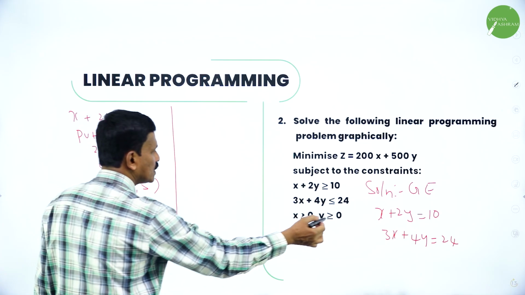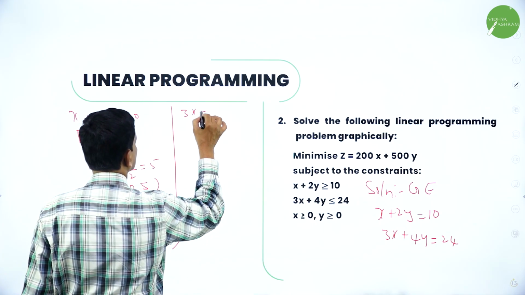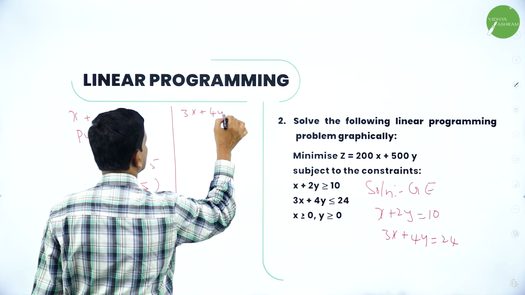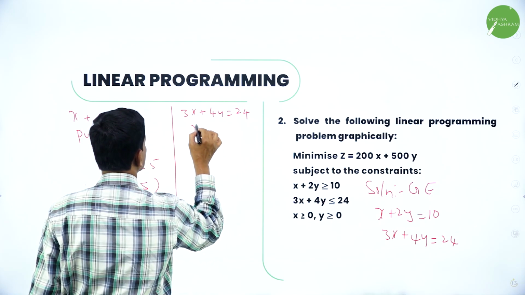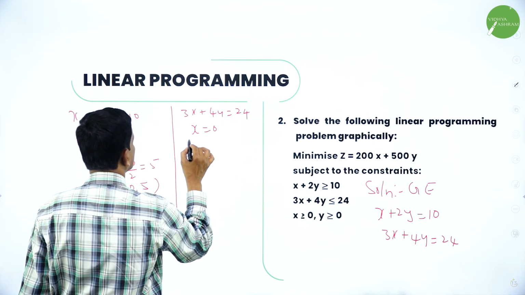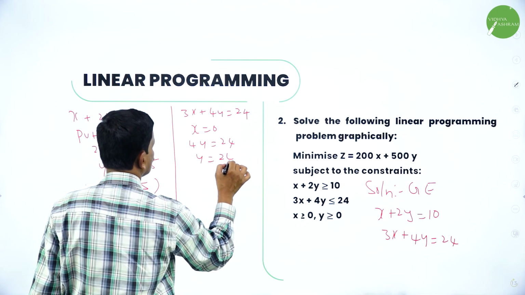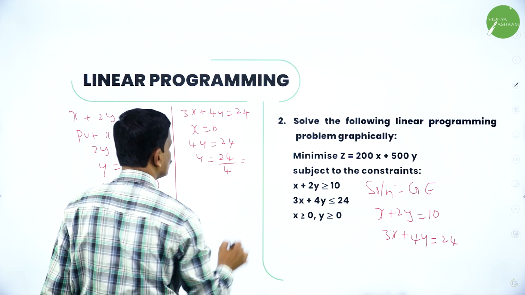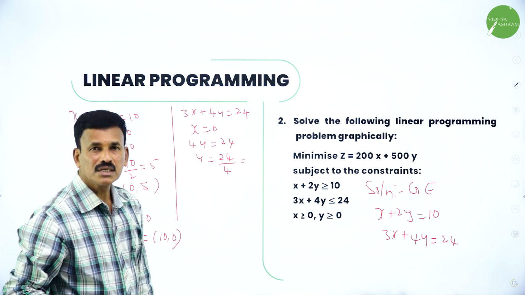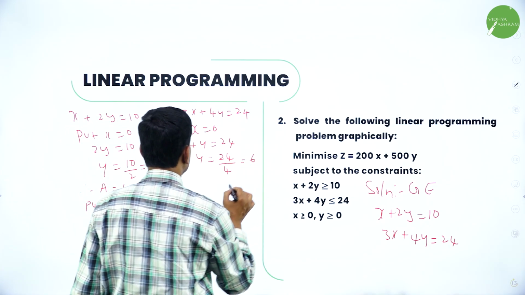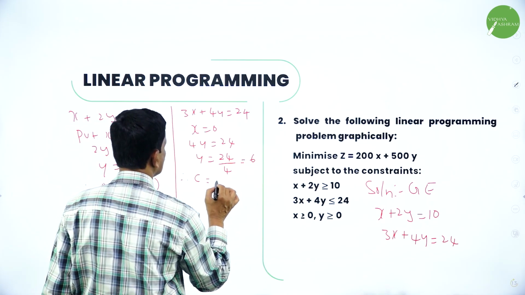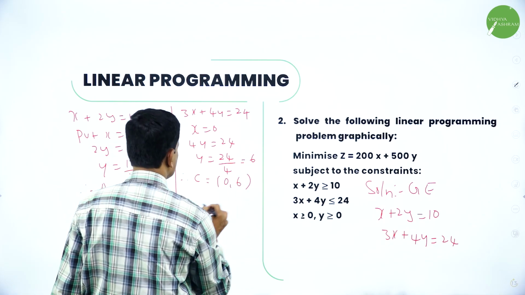Similarly, take the second equation, 3x plus 4y is equal to 24. Put x is equal to 0, then 4y is equal to 24, y is equal to 24 by 4, that is 6. So C is (0, 6).